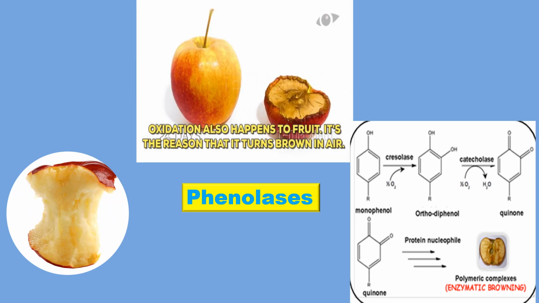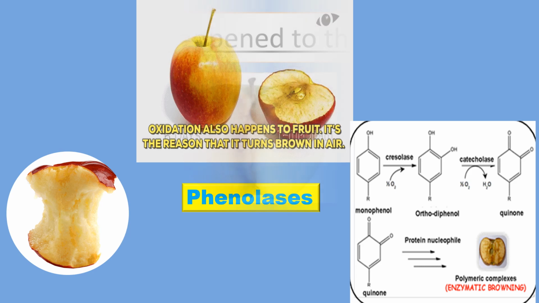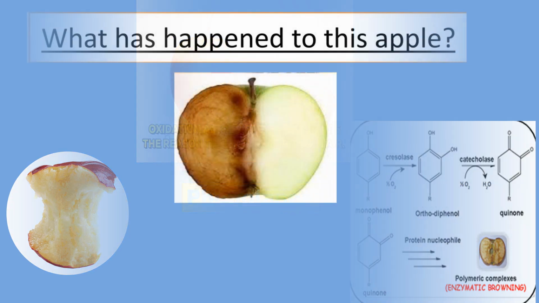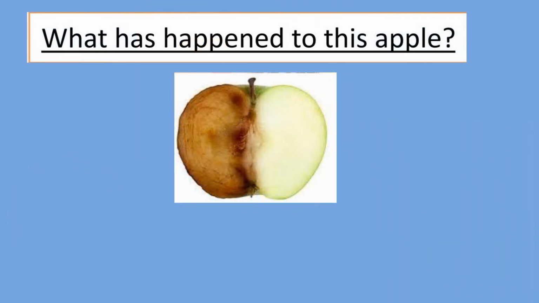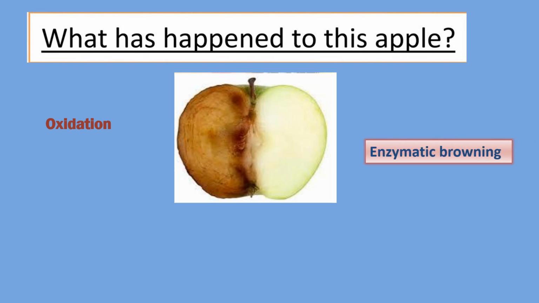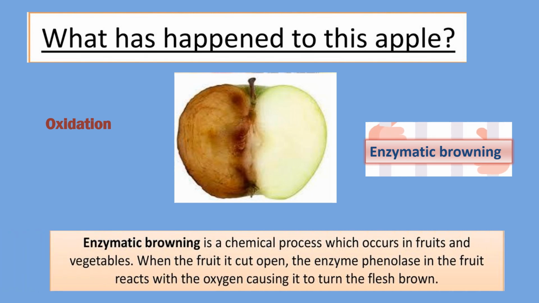Now let's see what has happened to this apple, where you can see one part which is fresh, the other part which is oxidized. That is, the cut portion has been exposed to oxygen in the atmosphere, so the reaction is called oxidation, and it has resulted in the process called enzymatic browning.